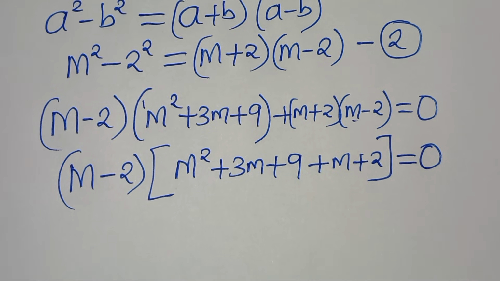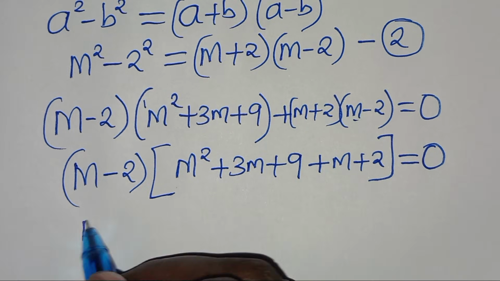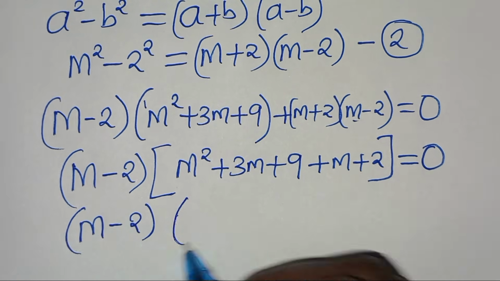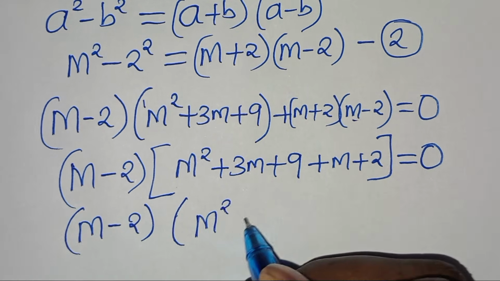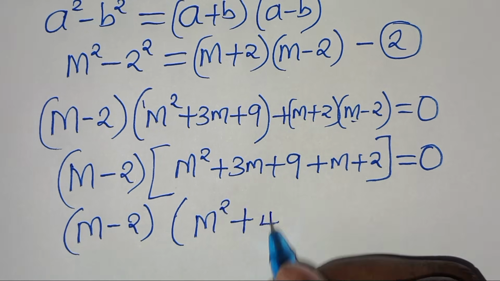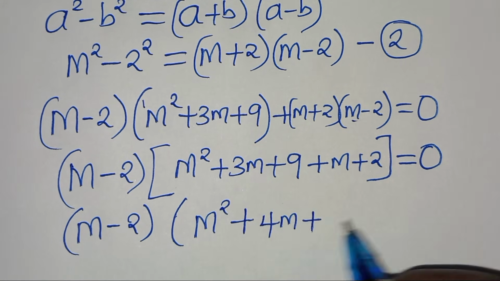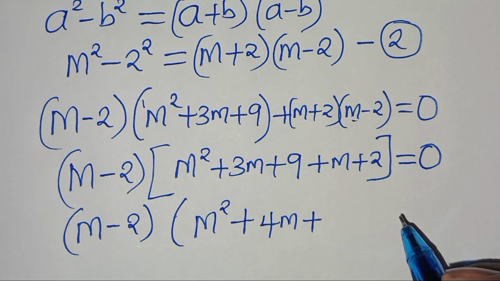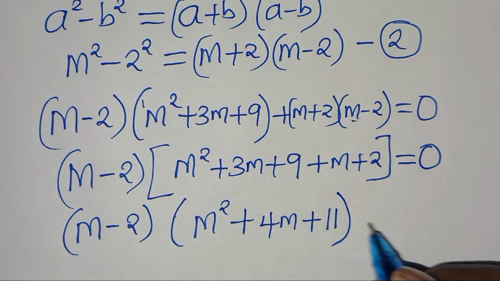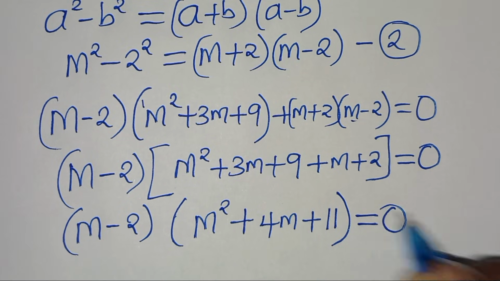So we have m minus 2, and then here we have m to the power of 2 plus 3m plus m. This is 4m, then plus 9 plus 2, and this is equal to 11. Close the parenthesis. This is equal to 0.